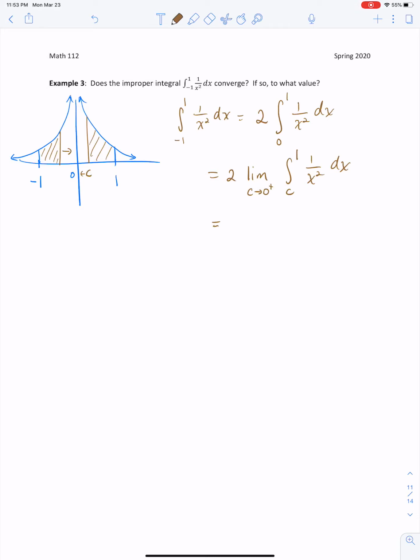Then we can use the power rule to evaluate this limit. So 1 over x squared is x to the minus 2. So we have x to the minus 1 over 1 evaluated at c and 1.